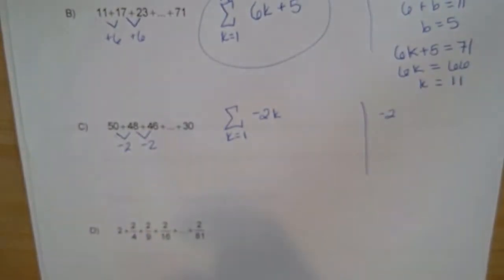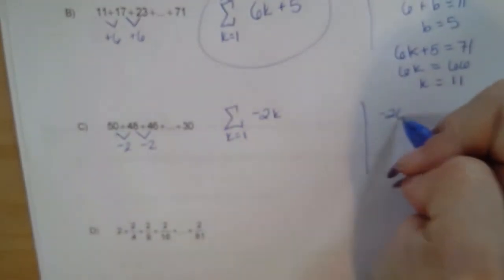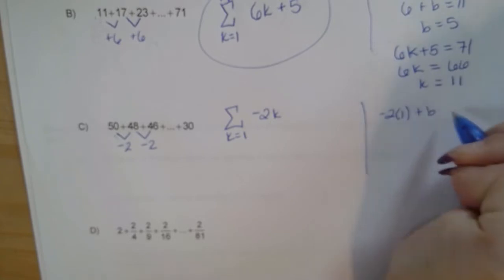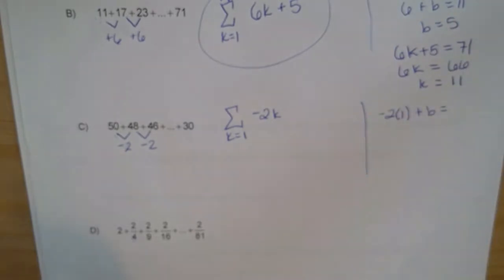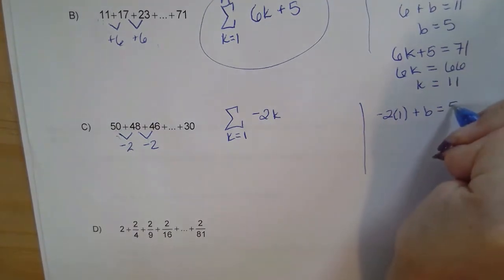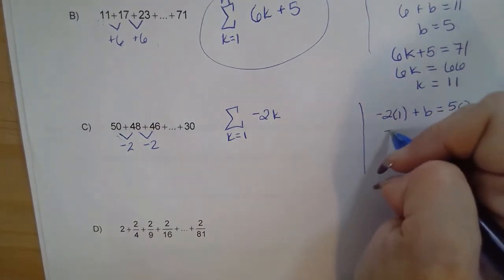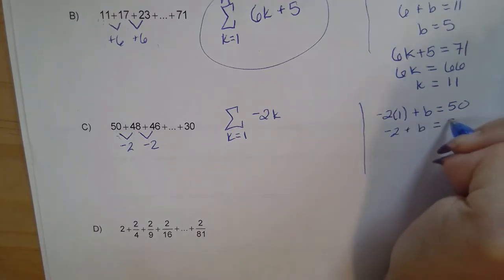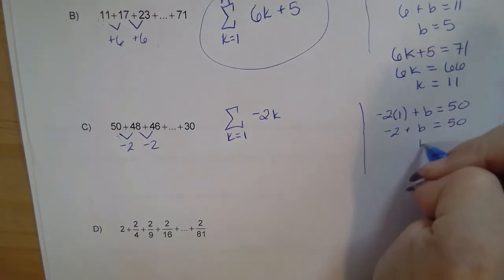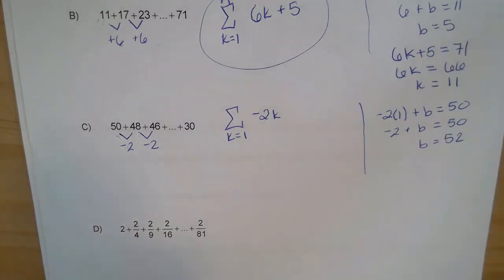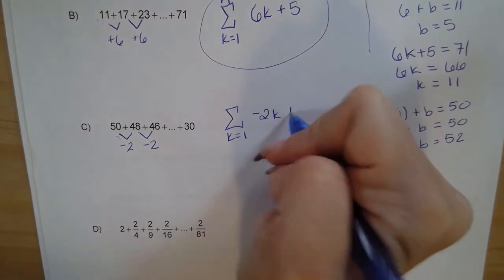Now, remember, what did I do before? I plugged in 1 for the first term. I'm going to see what we're going to add to that to get the value of that first term. The value of that first term is 50. So I get negative 2 plus b equals 50. So b equals 52. Okay, so we get plus 52.